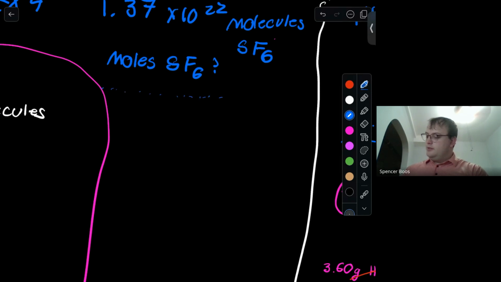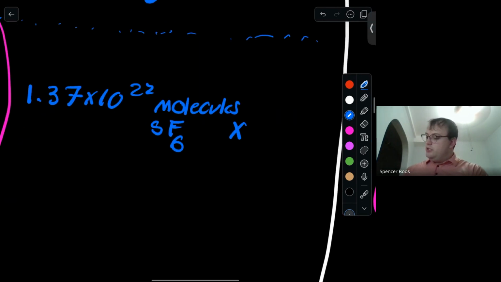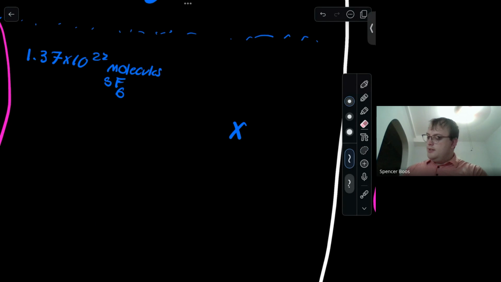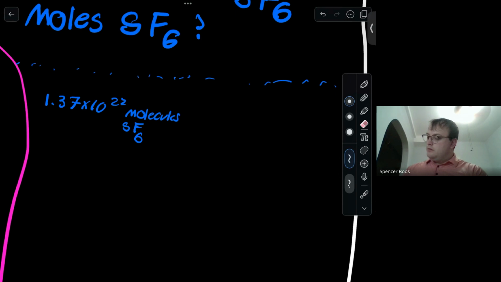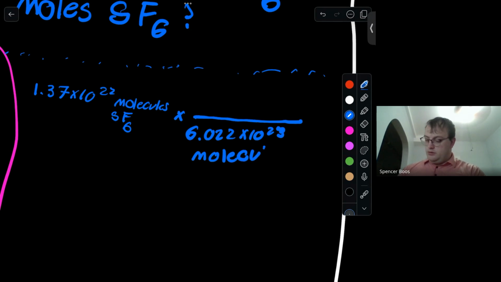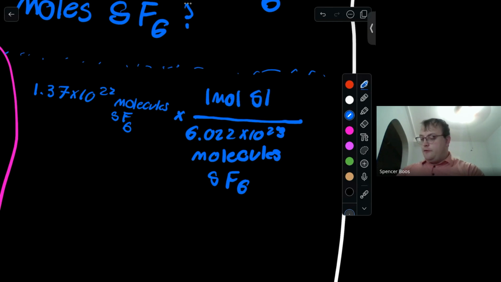To do this, we just go in reverse. 1.37 times 10 to the 22nd molecules of SF6, times, I know that for every 6.022 times 10 to the 23rd molecules of SF6, I get 1 mole of SF6.